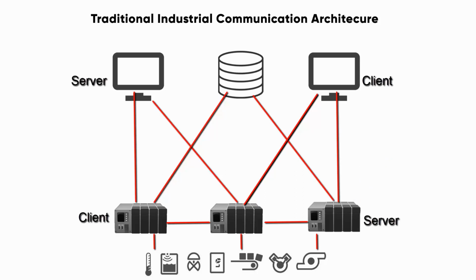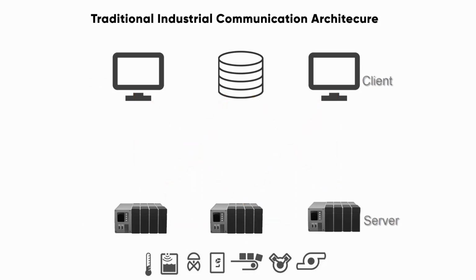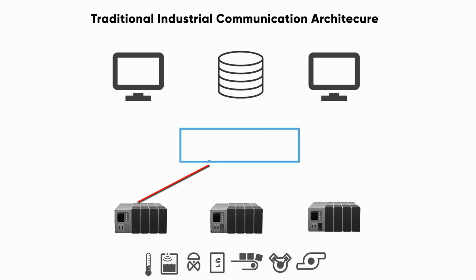Now, on the other hand, the publish-subscribe pattern provides an alternative to traditional client-server architecture, in which the participants of the network never contact each other directly. In fact, they do not even need to be aware of each other's existence. The connection between them is handled by a third party called the broker.